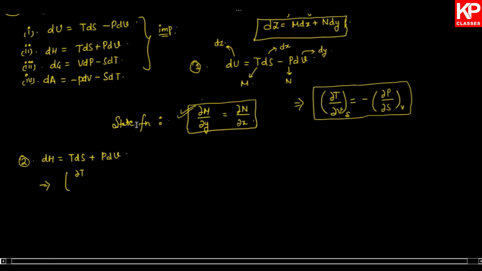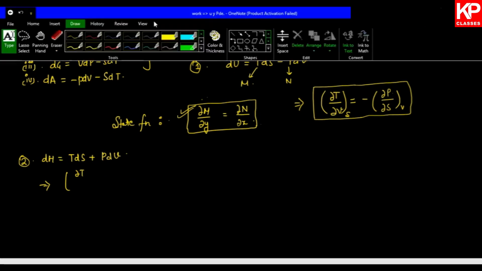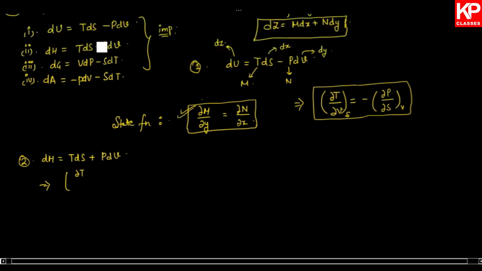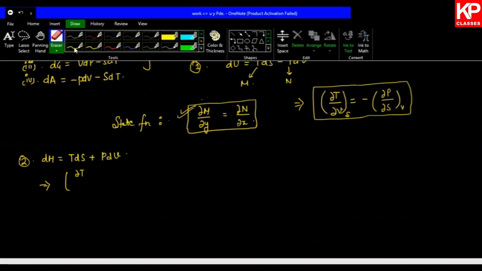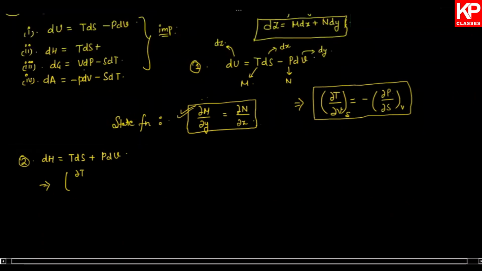Okay, I've written a wrong equation over there. No one is seeing this. How come? It will be VdP. dH is given by TdS plus VdP.